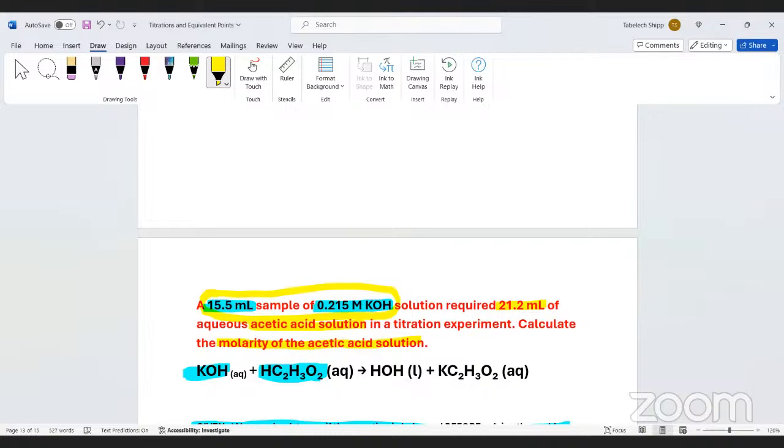But yes, it is similar to the molarity of the acid times the volume of the acid, which is equal to the molarity of the base times the volume of the base. But when you're dealing with titration problems, you've got to make sure to use the coefficients. That's the only extra step to doing titration problems.